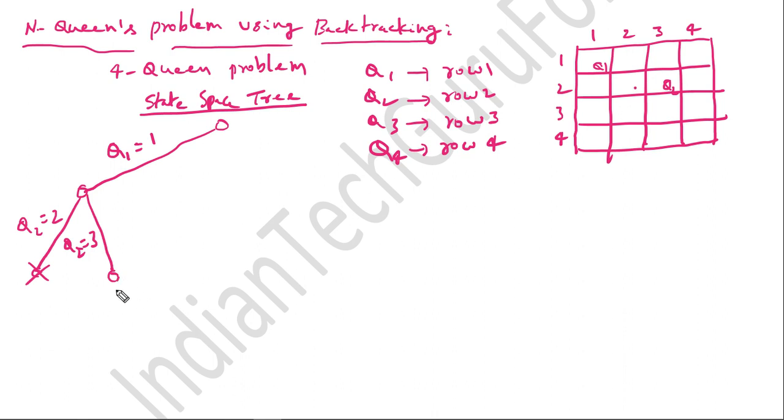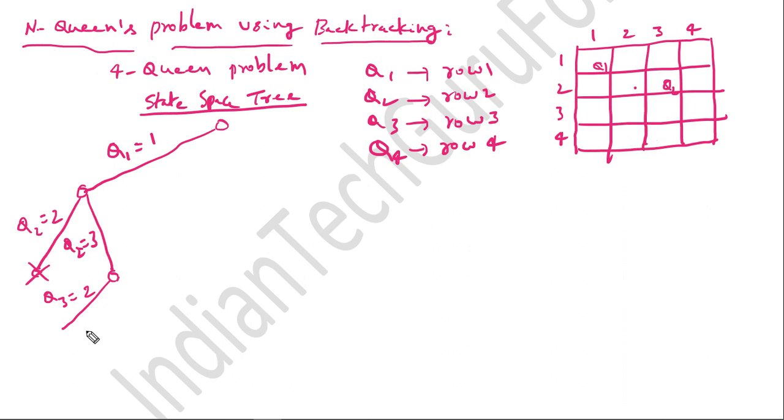We can avoid that straight away. The two leftover locations are 2 and 4. Let me try to place q3 in the second location.